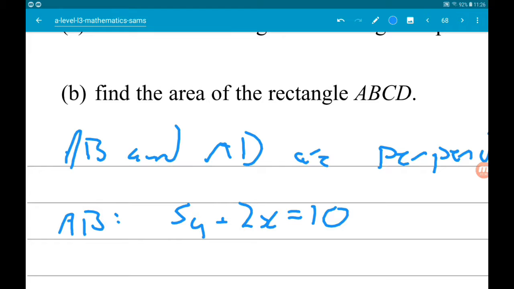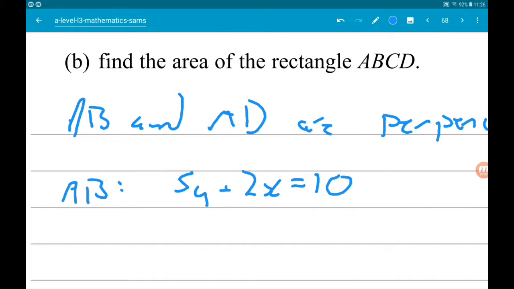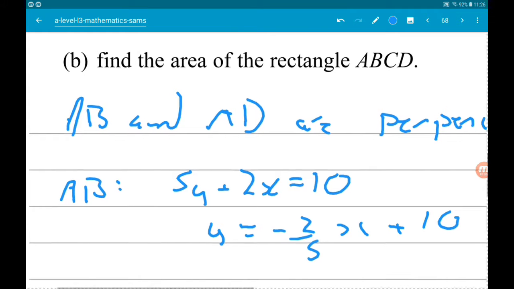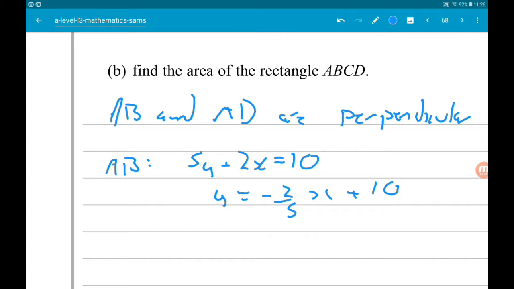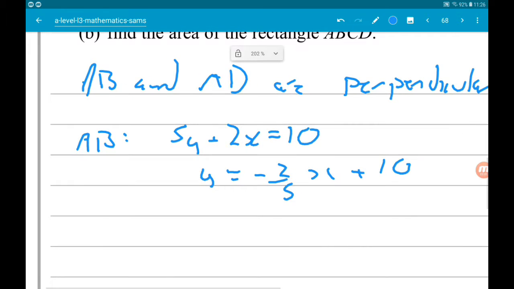So if we rearrange, we can get that y is equal to minus 2/5 x add 10. Now that tells us that the gradient of AB is equal to minus 2/5.